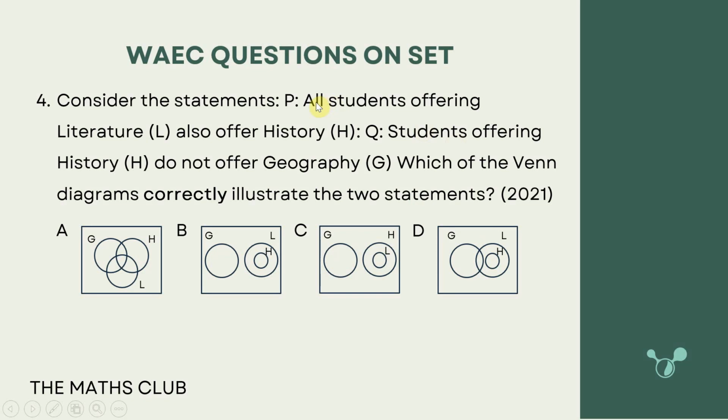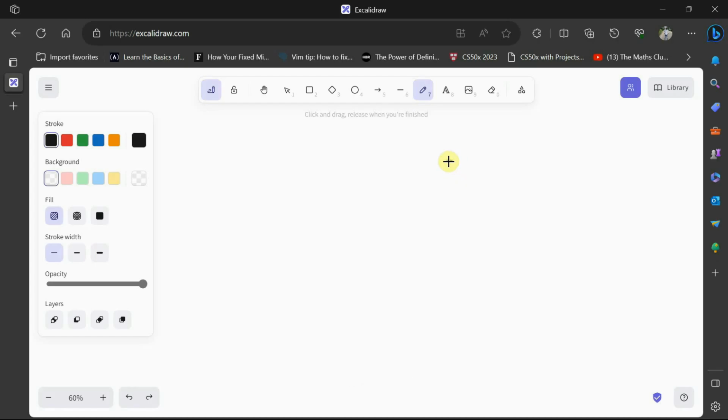If you look at the first statement P, it says all students offering literature also offer history. So if you put a big circle here for the set of history, the set of literature students would just be a subset of the history students, because all of the literature students also study history.